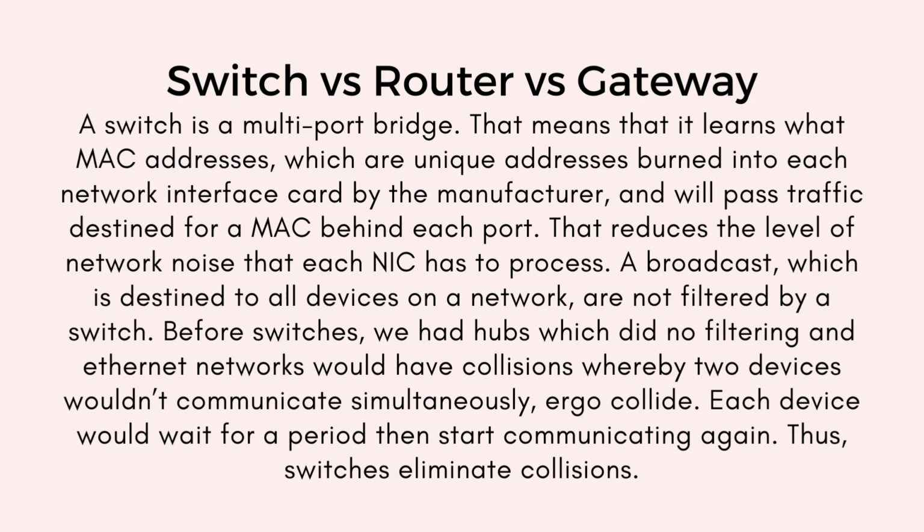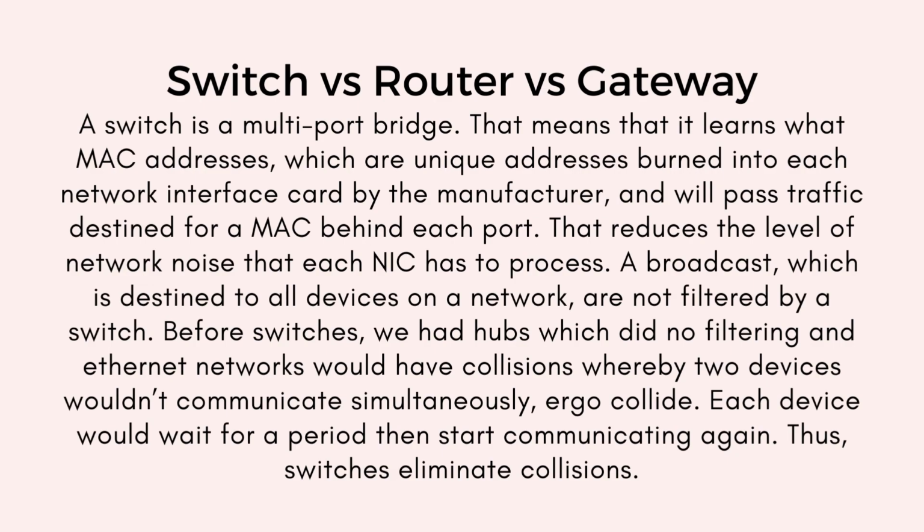That reduces the level of network noise that each NIC has to process. A broadcast, which is destined to all devices on a network, is not filtered by a switch.